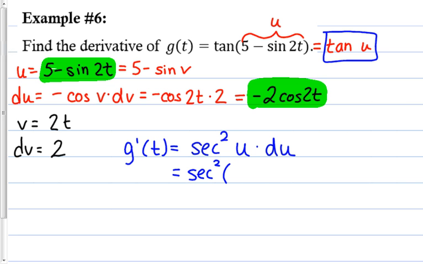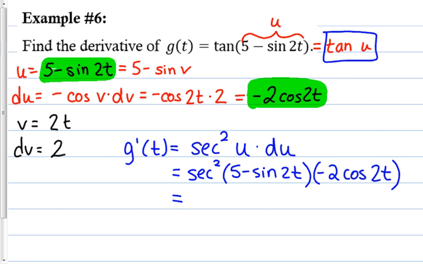Get back to what I was doing. So secant squared of u, which is 5 minus sine 2t, times du, which is a negative 2 cosine 2t. And then all I ask is that you bring coefficients, numbers, right? Multipliers, scalars, whatever you want to call them, to the front.